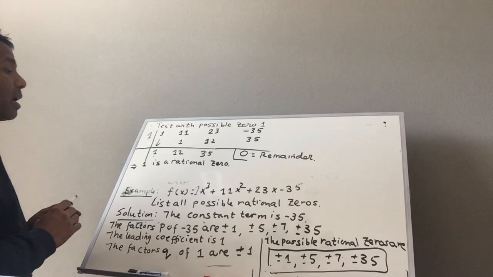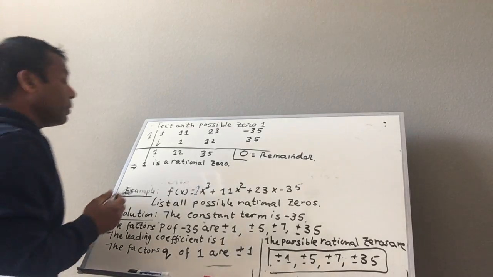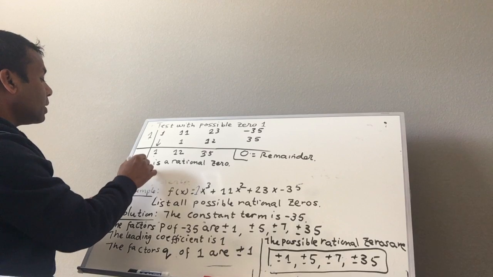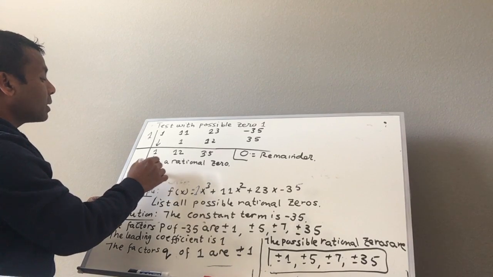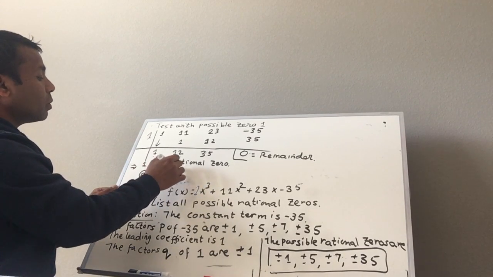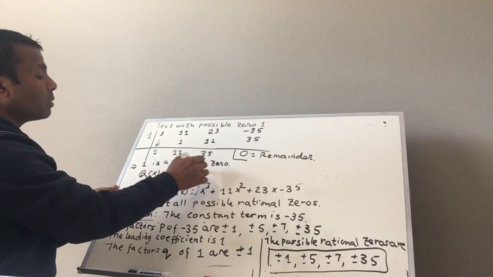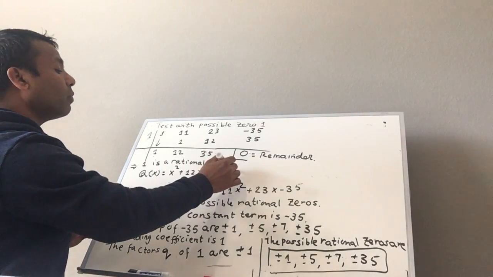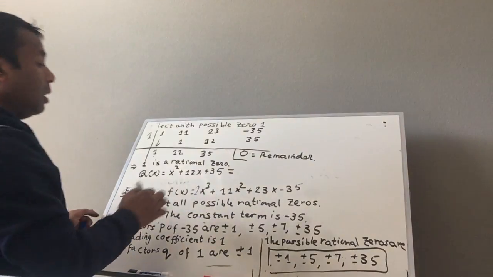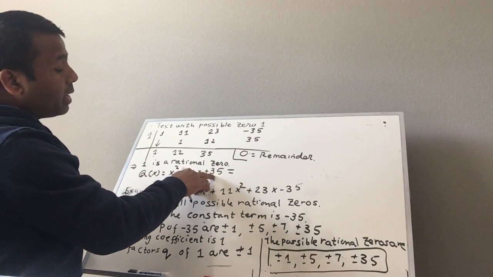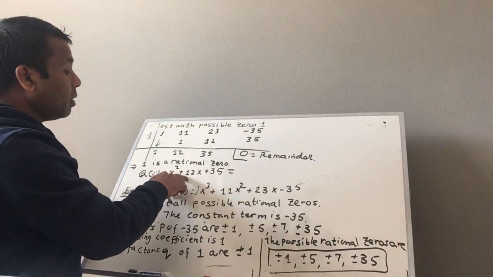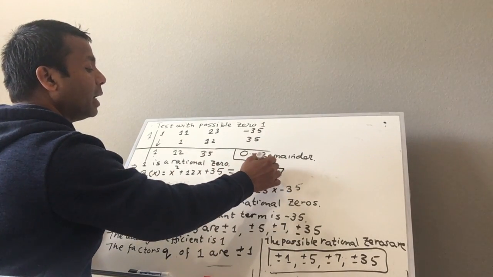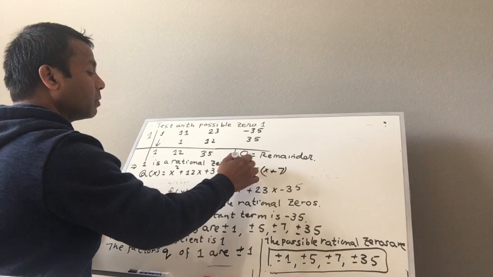To find the other rational zeros, you find the quotient from here. The quotient q(x) is x squared plus 12x plus 35, and you know how to factor it. You have to find the factors of 35 whose sum is 12, so this is going to be 5 and 7. You can factor it as x plus 7 times x plus 5.